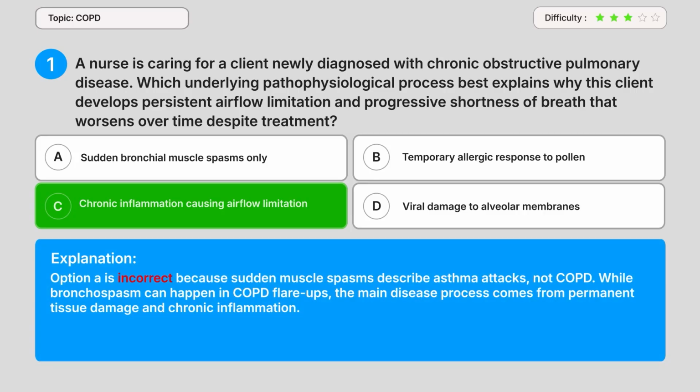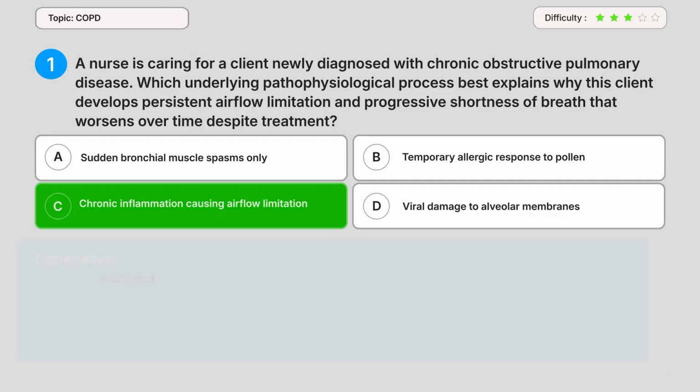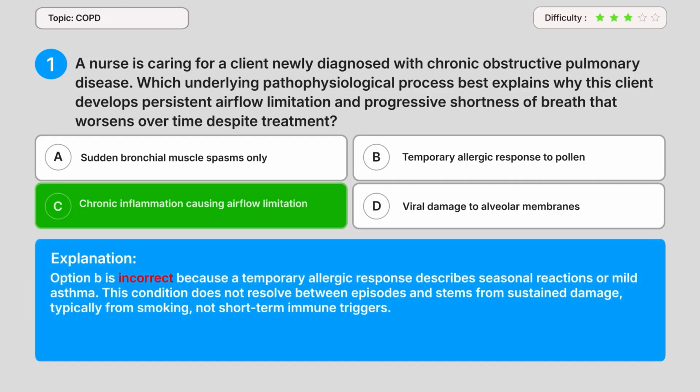Option A is incorrect because sudden muscle spasms describe asthma attacks, not COPD. While bronchospasm can happen in COPD flare-ups, the main disease process comes from permanent tissue damage and chronic inflammation. Option B is incorrect because a temporary allergic response describes seasonal reactions or mild asthma.